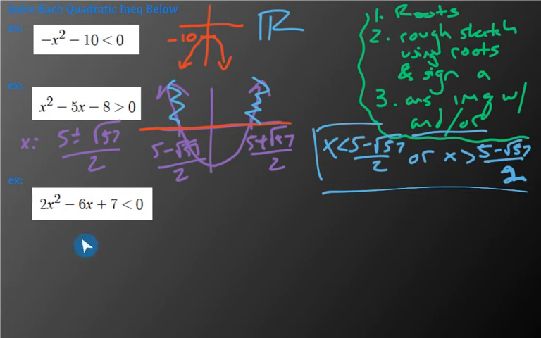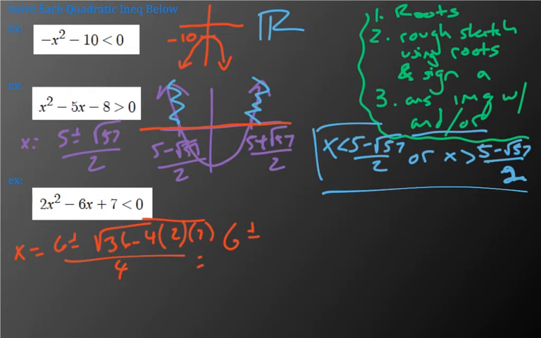All right, just one more. Again, you'd try to factor it or do the quadratic formula. If you do the quadratic formula, you would have x equals 6 plus or minus the square root of 36 minus 4 times 2 times 7, and then it's all over 4.